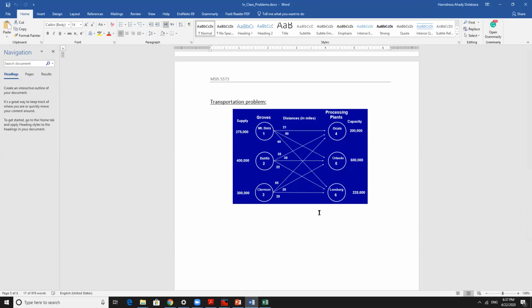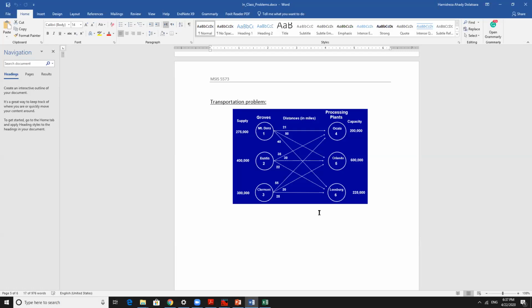As you see, our supply is much less than capacity. Probably we can process all of them, but we cannot process more than our processing plant capacity.